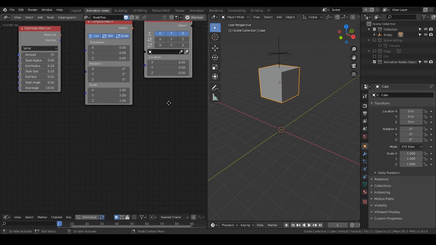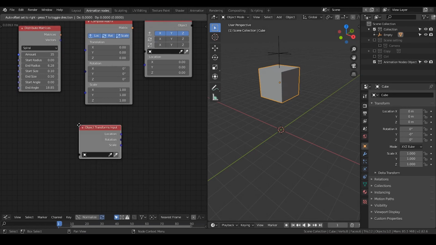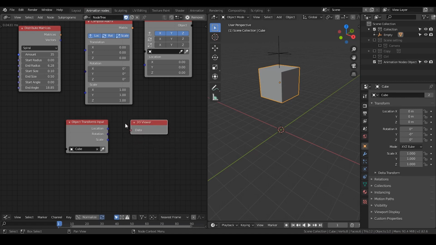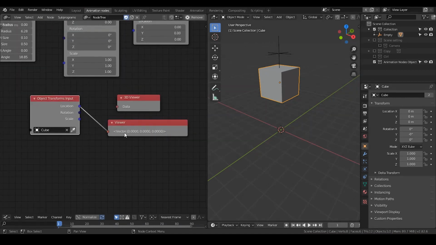So in that case, if you try to read its location using the object transform input and take the 3D viewer as well, just read its location. Its location is still 0, 0, 0, and its 3D viewer location is at the world origin.